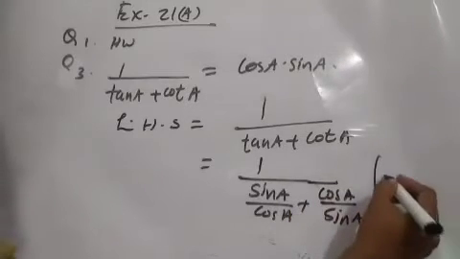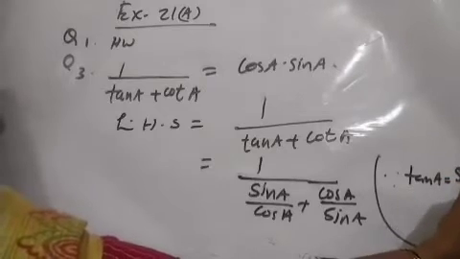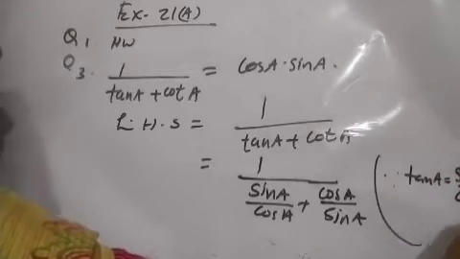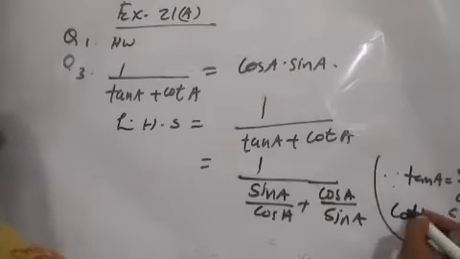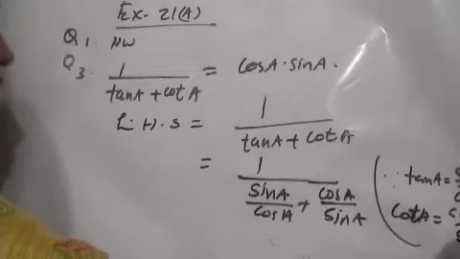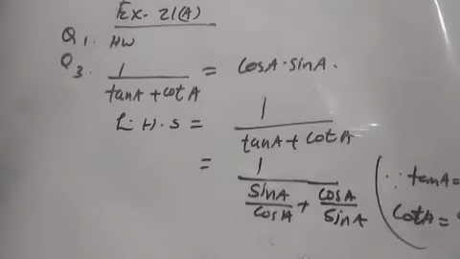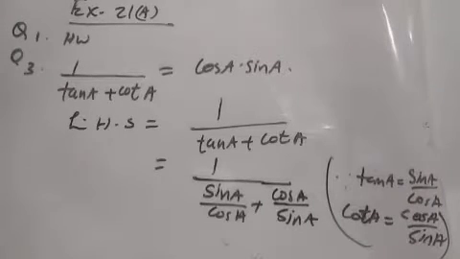Have you written this? Tan A is equal to sin A by cos A, and cot A is equal to cos A by sin A. We know the quotient relation and we applied that to get the solution.